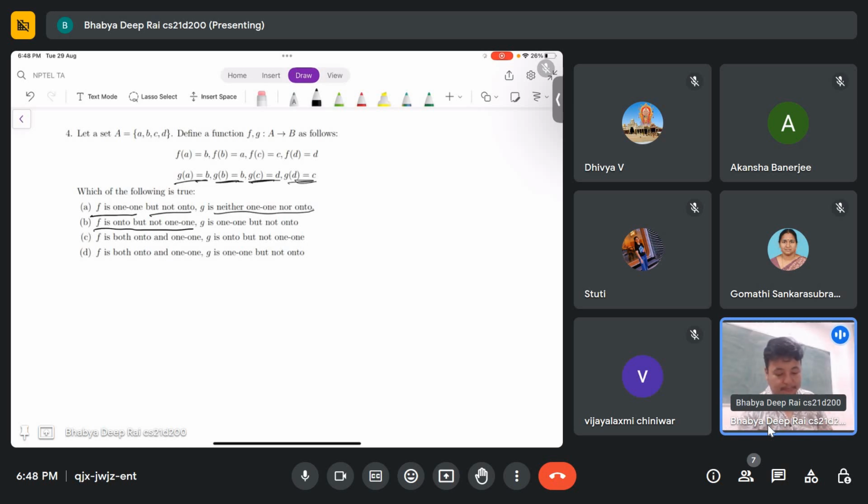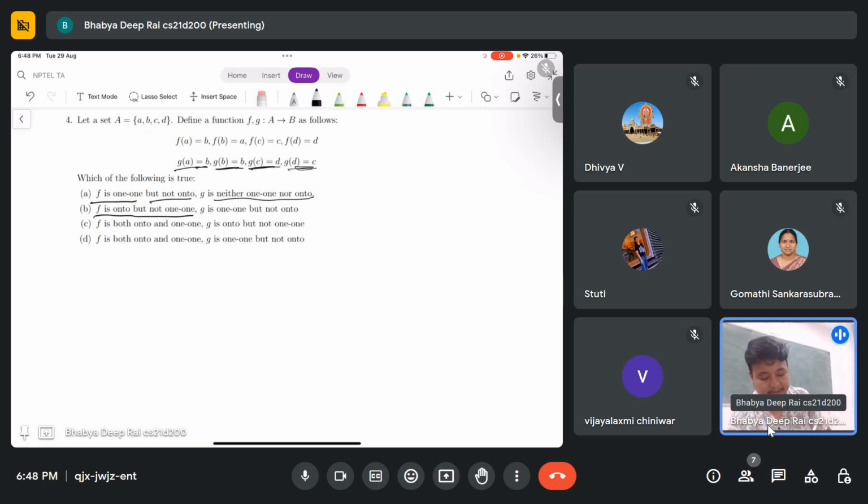So first let us try to do it diagrammatically, and in later questions we might try to do it in a more formal way. Because the set is very small, we can just do it diagrammatically. It won't be a problem.